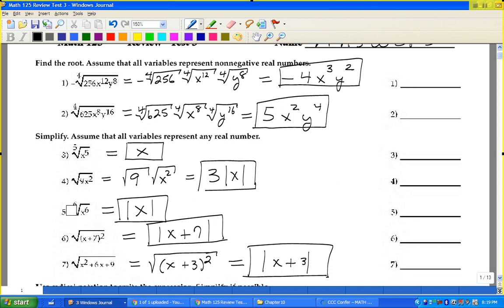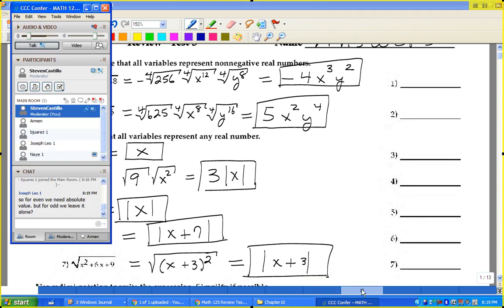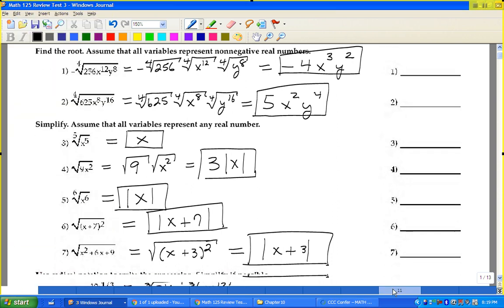But we had the sixth root of x to the sixth. Again, that was an x, but I needed absolute value because 6 was even. So for odds, you don't need absolute values. For evens, you need absolute values. Any questions about that? So the answer is yes. Your statement is correct. Okay.